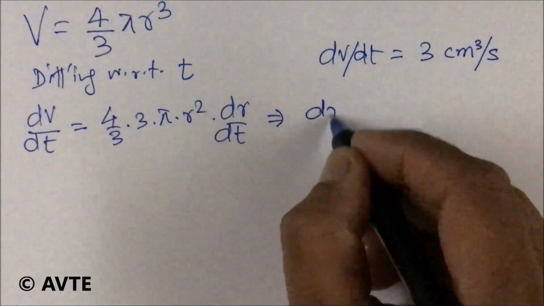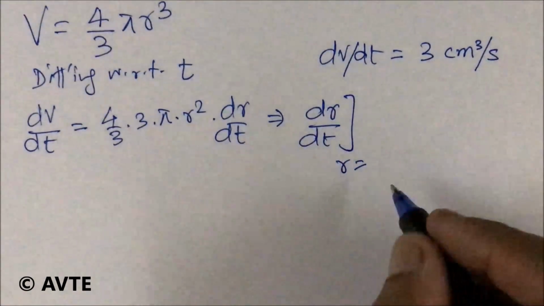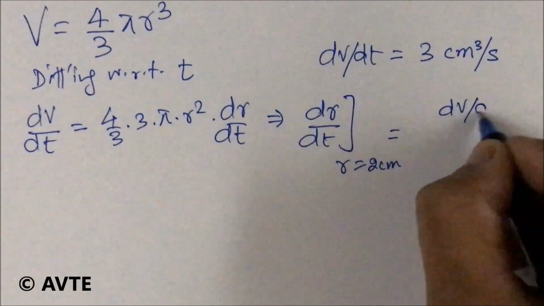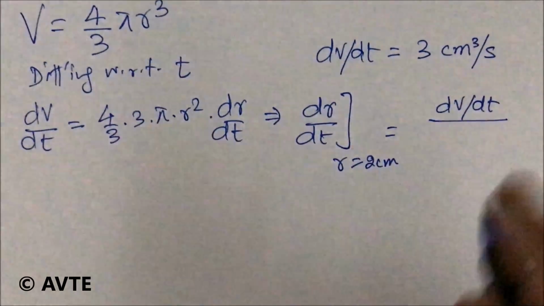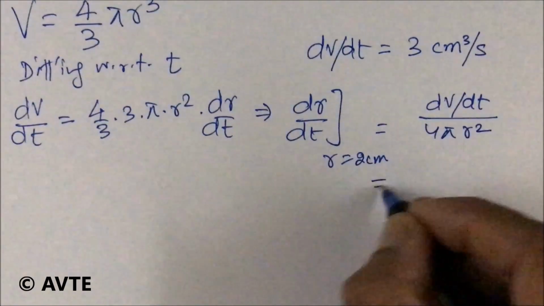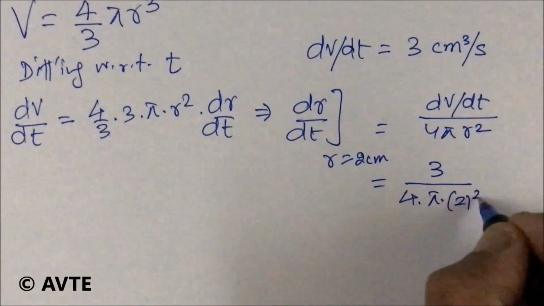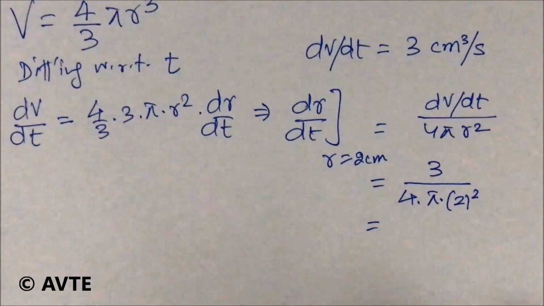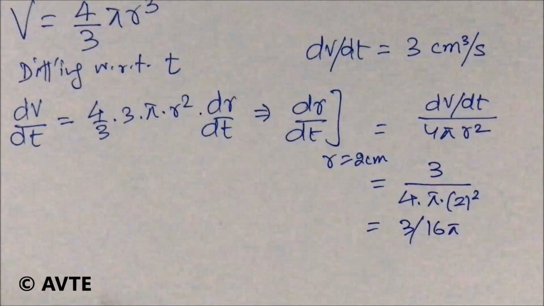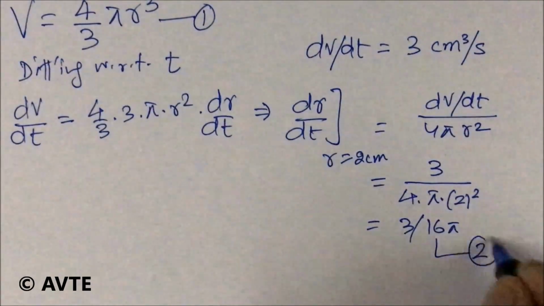So dr by dt, when the radius is 2 centimeter, will be... r squared, and in place of r we'll be putting 2. So it is coming 3 upon 16 pi.